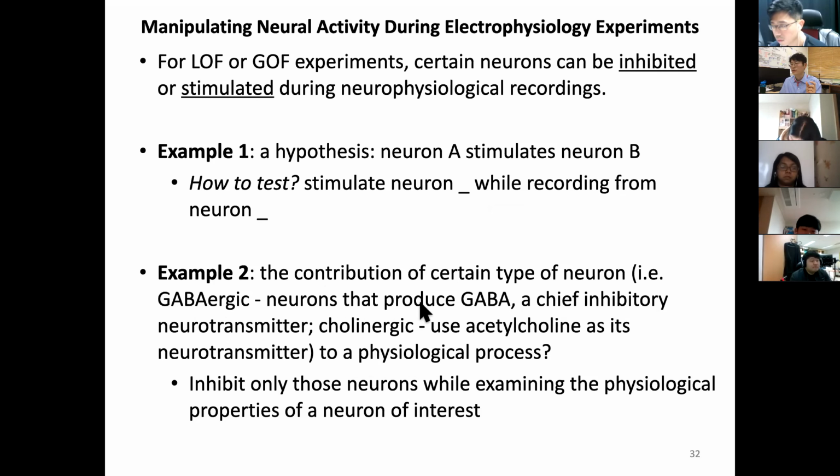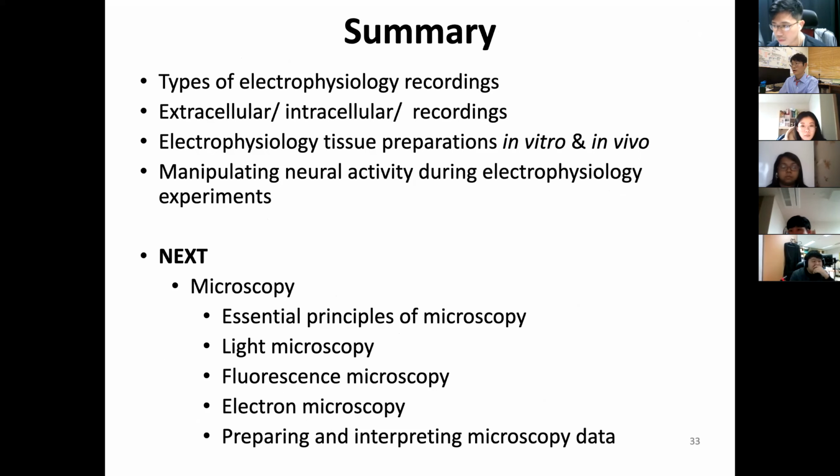Neurons that produce GABA are called the GABAergic neuron type, and you can connect this to a physiological process. For example, you can inhibit only these neurons while examining the physiological property of a neuron of interest. So by inhibiting or stimulating, you can study these specific types of neurons in relation to electrophysiological behaviors. Okay, we've gone through quite a lot.